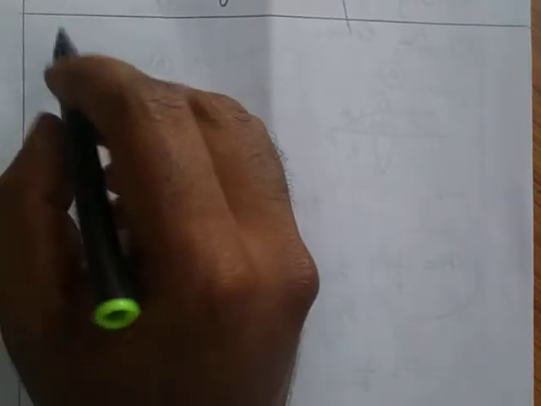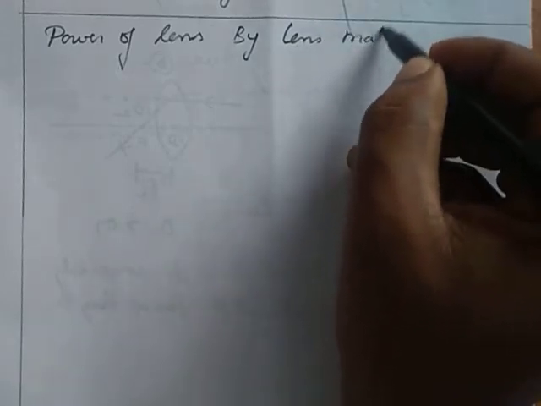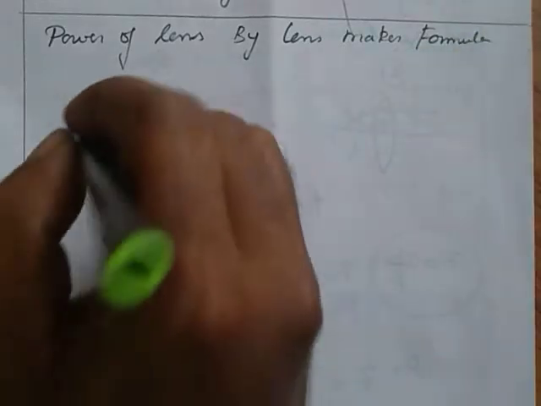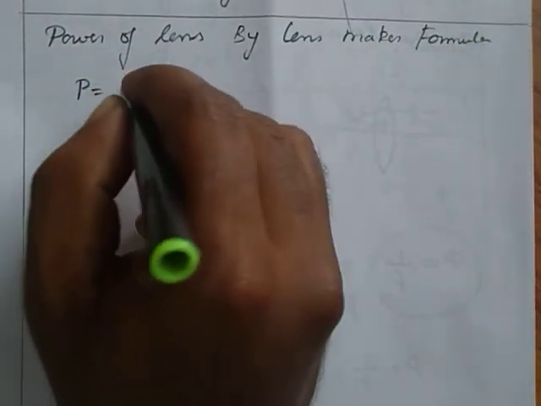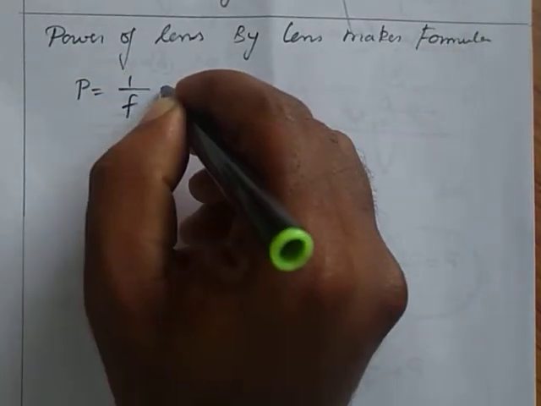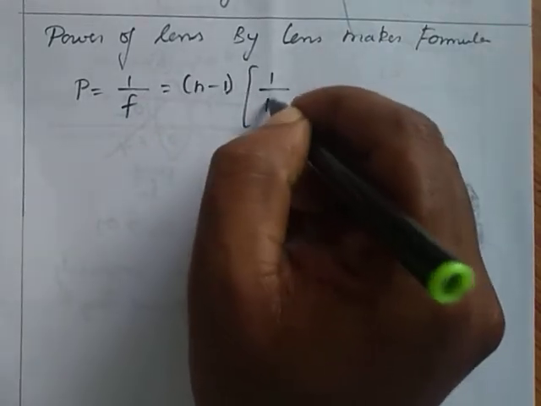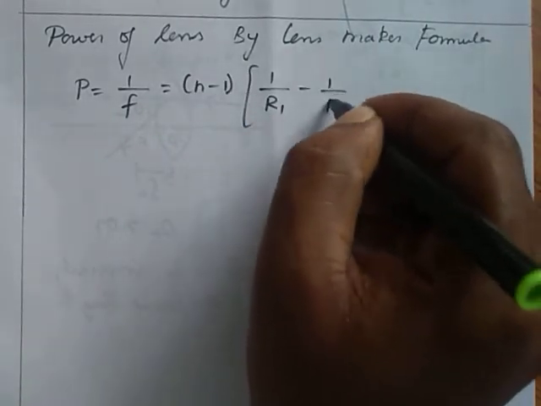From the lens maker formula we can write the power of lens as P is equal to 1 by F, that is equal to n minus 1 into 1 by R1 minus 1 by R2.